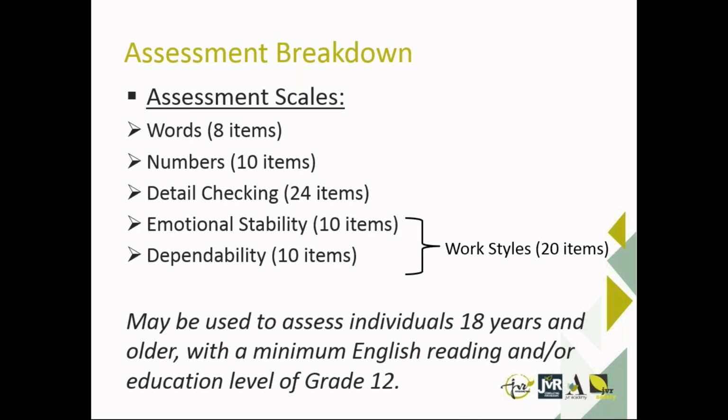Are they conscientious, rule-abiding, careful, and detail-conscious? So you have your emotional stability and dependability scales, which make up this work style, which measure characteristics of neuroticism and conscientiousness. Candidates are asked to indicate on a 5-point Likert scale to what degree they agree or disagree with statements relating to emotional stability or dependability.